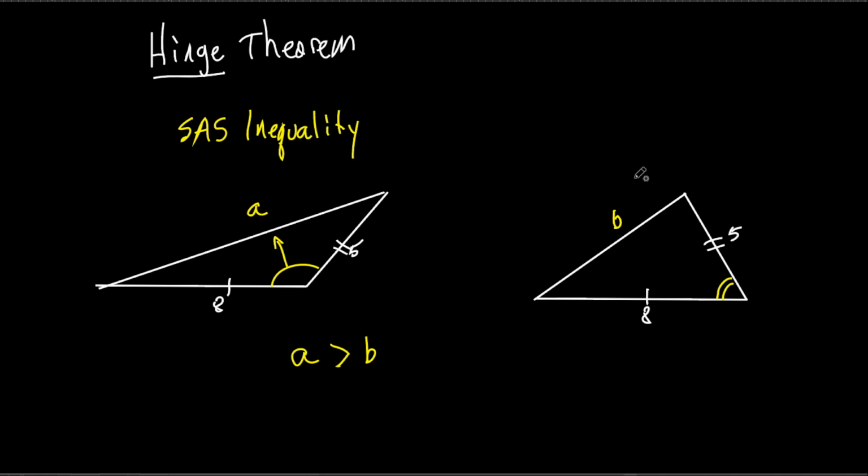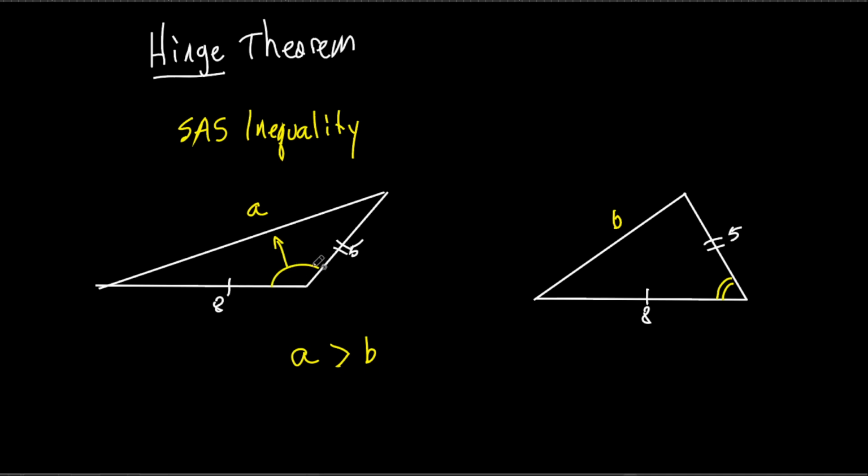So let's look at it. I'm going to read it. I'm not going to write it down because it's too much to write. Here's what it says, though. It says if two angles of one triangle, I'm sorry, I read it wrong. Can't even read my own handwriting. If two sides of one triangle are congruent to two sides of another triangle, do we have that situation here? Do I have two sides of one triangle equaling two sides of another triangle? I absolutely do. And the included angle of the first triangle, which one is it?